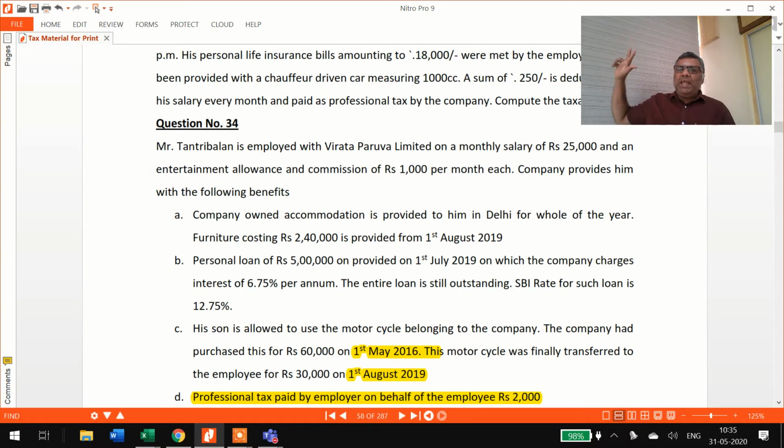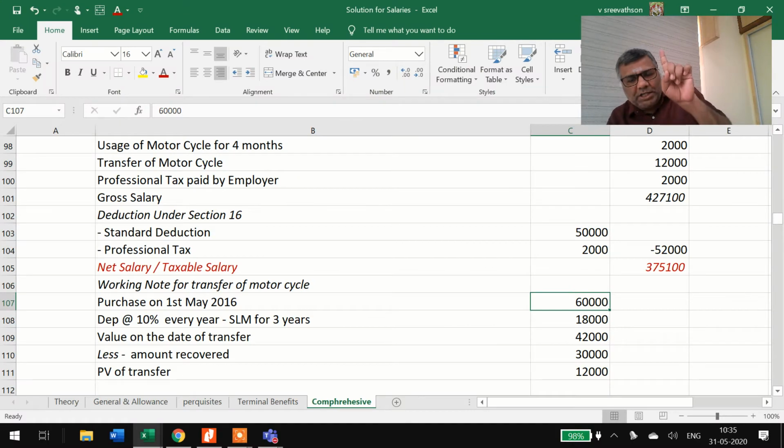So 3 years have lapsed, and some months should be left. For 3 years, each year I can charge 10% on the original cost. That is what is known as straight line method. 60,000 into 10%, each year 6,000 is the depreciation. So for 3 years it is 18,000.